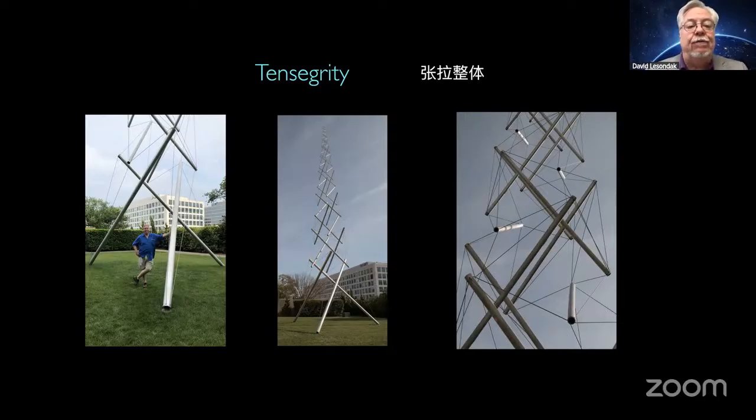It anchors itself into the ground. There's nothing holding it there. And if you look at the picture on the right, you can see how those stainless steel tubes are suspended in this contiguous wire. So think of those stainless steel rods as the bones and the wire framework around it as the fascia. And you've got the idea. That's tensegrity.